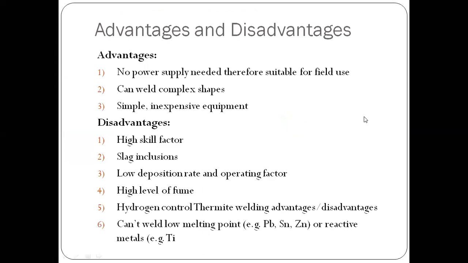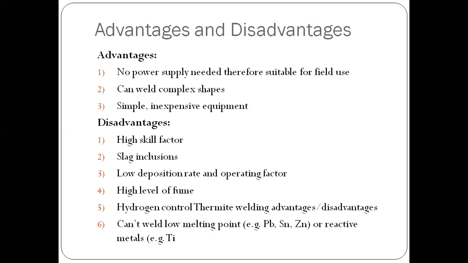Okay, next is hydrogen control in thermit welding. Advantages and disadvantages are there. Now, if hydrogen comes in contact with this hot metal, there is a defect called hydrogen embrittlement, which means the metal becomes brittle.